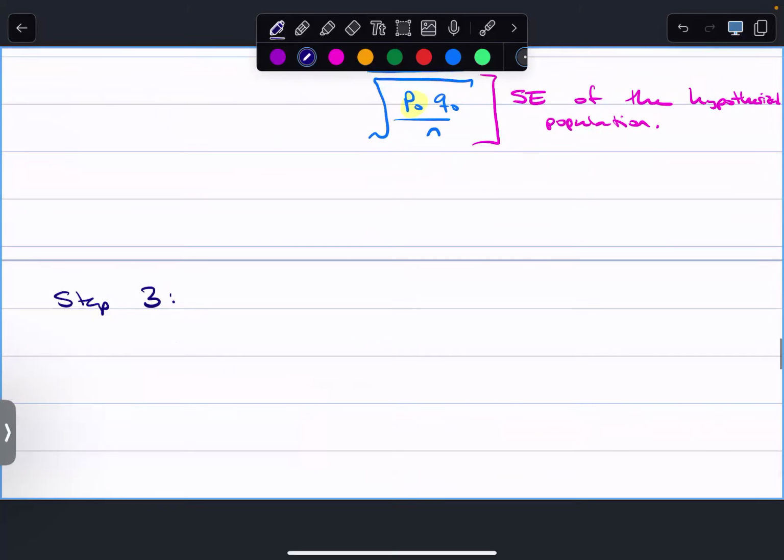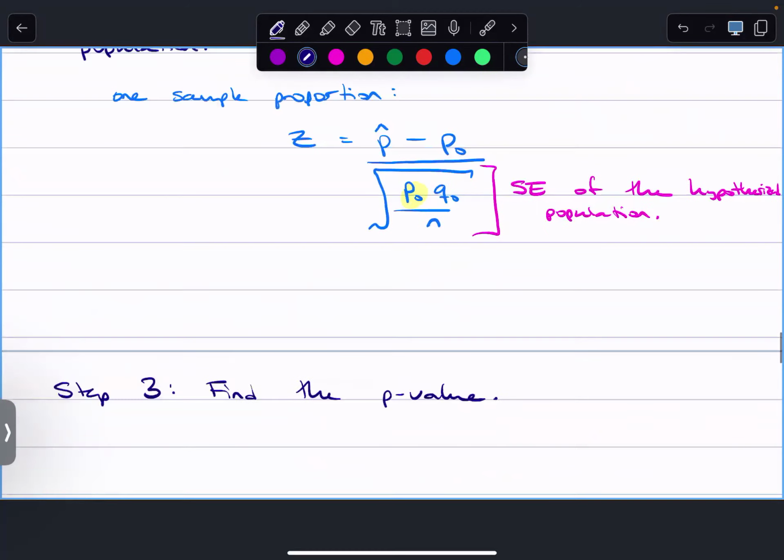Step 3 is find the p-value. And I will make a note here.